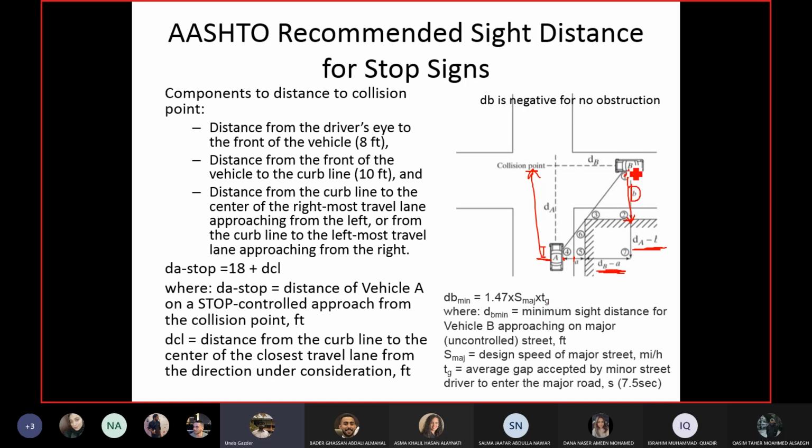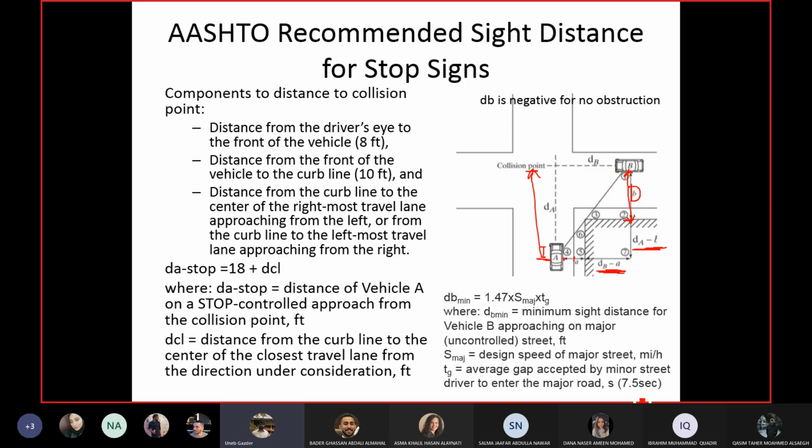I have already told you what we mean by gap acceptance. Gap acceptance is how far this driver B should be from the collision point so that driver A will decide to enter the intersection.